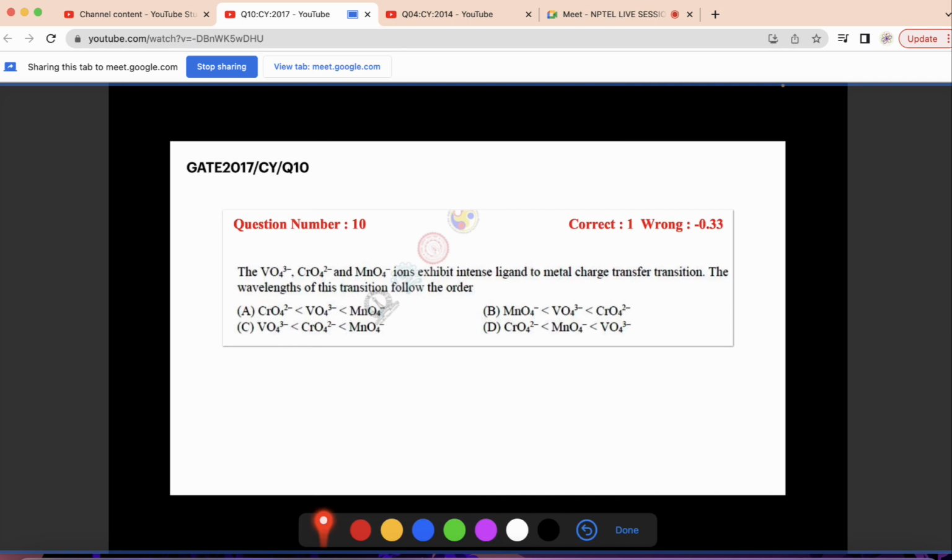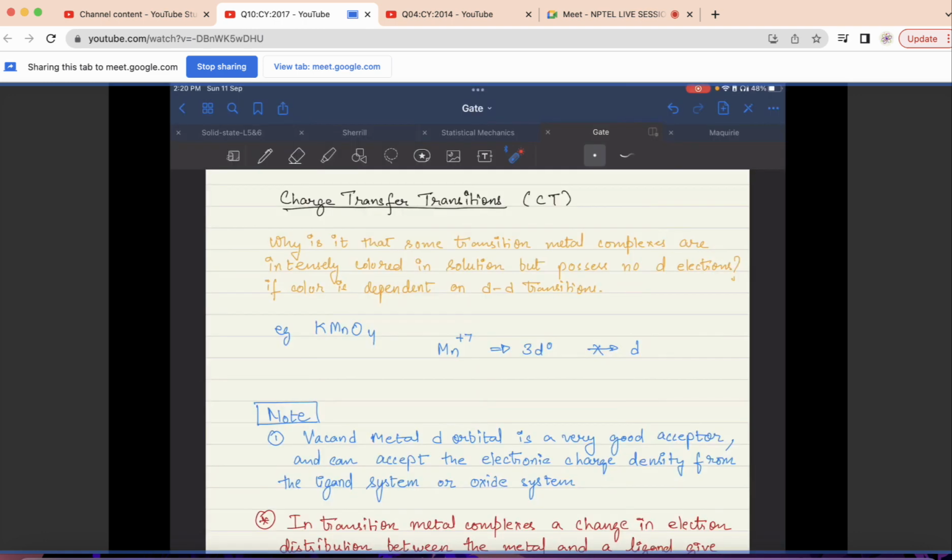So before that, let's move into some basics. The charge transfer transition is denoted as CT. So the question is, why is it that some transition metal complexes are intensely colored in solution but possess no d electron? We know that there is a possibility of dd transition, and it shows color in the complex.